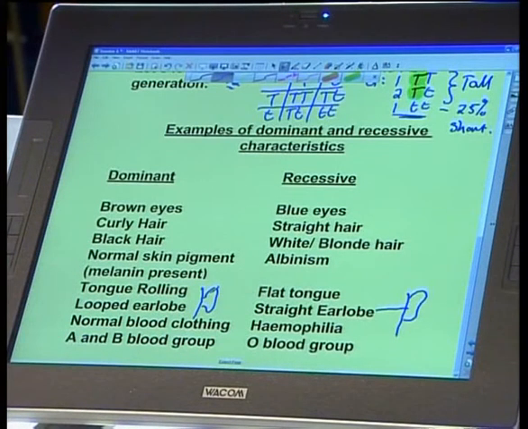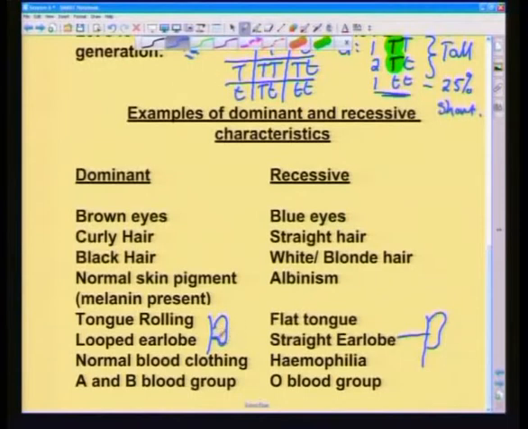I think if you're a biology learner or a life science learner, you will actually take note of something like this now. But who looks at ears other than to look at earrings? So this is a looped earlobe. It's got almost a little gap here before it joins the skin, and here it joins the skin straight. And that is a dominant and a recessive gene.